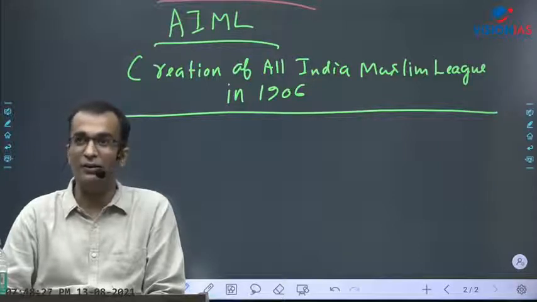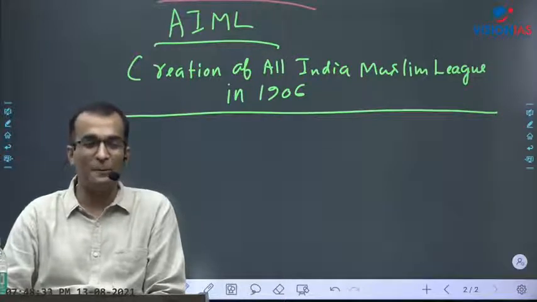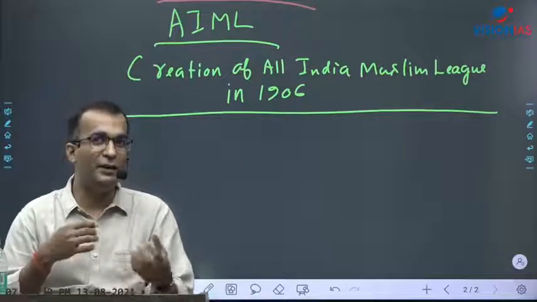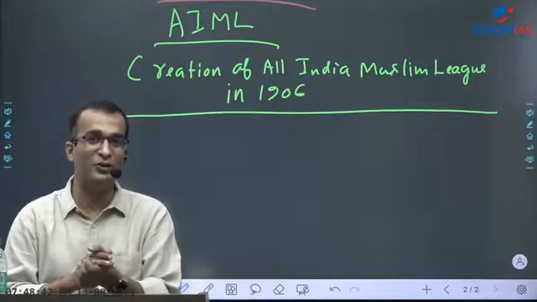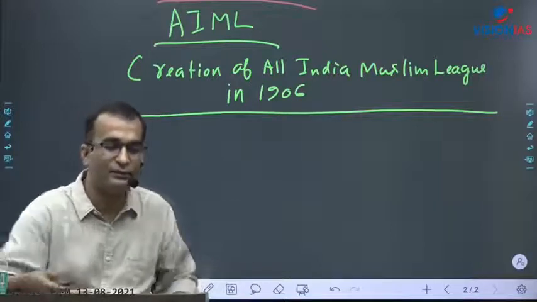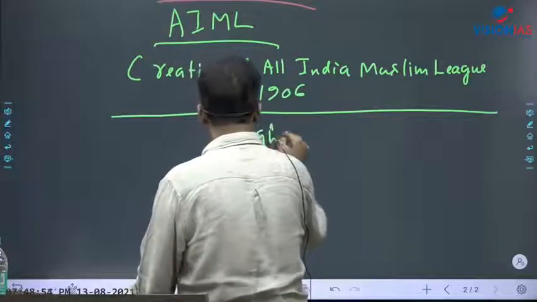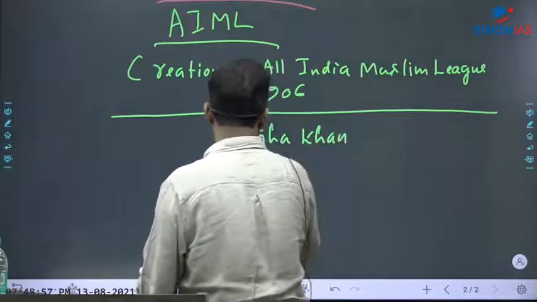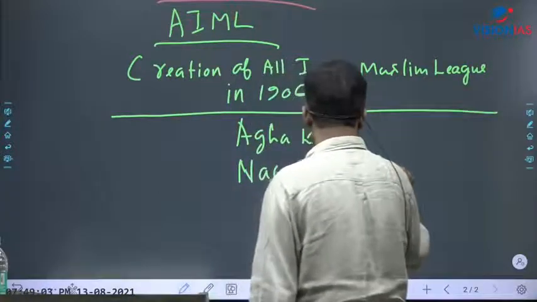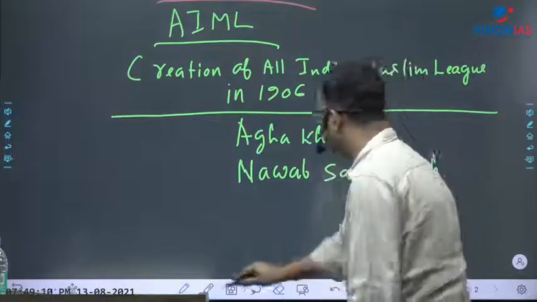If you wanted to note down, you must have done so. There are some things which cannot be dictated, so it's all upon your own sense how we will be jotting down this thing. So please write. In 1906, Aga Khan and Nawab Salimullah of Dhaka.